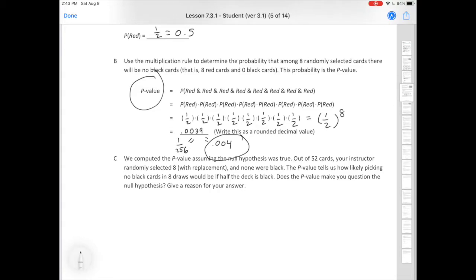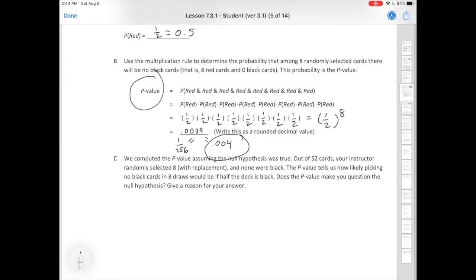Out of 52 cards, your instructor randomly selected 8, and none were black. The p-value tells us how likely picking no black cards in 8 draws would be if half the deck was black. In other words, the chances of getting 8 red cards in a row, if the deck were a fair deck, is 0.004.